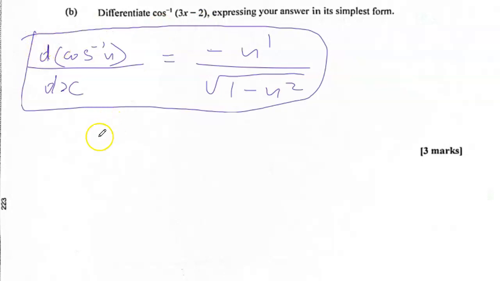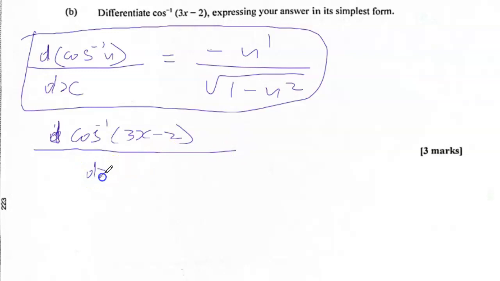So differentiating cos inverse of 3x minus 2 with respect to x, 3x minus 2 will represent u.